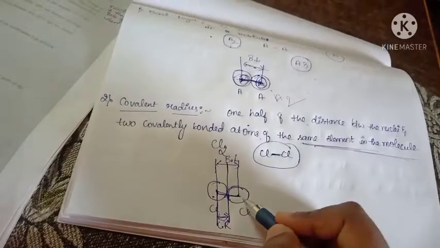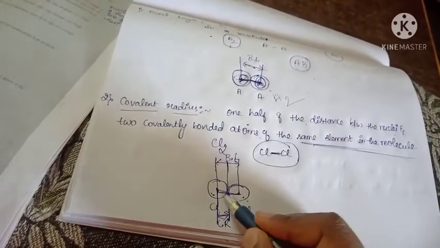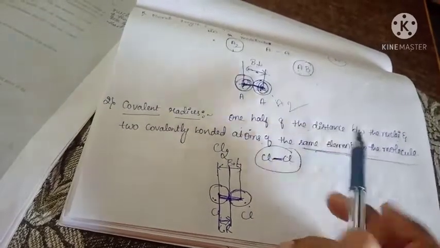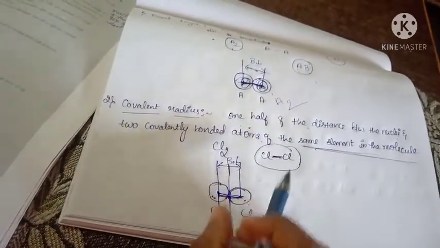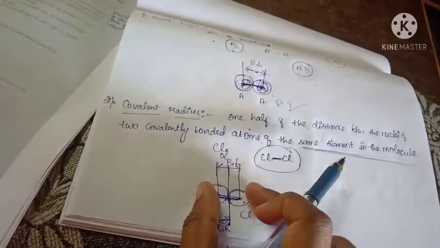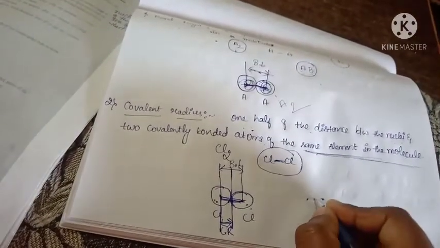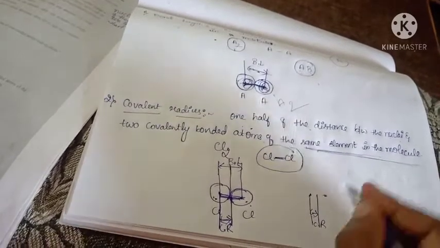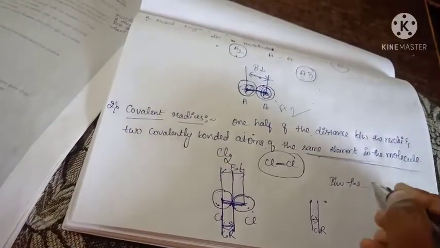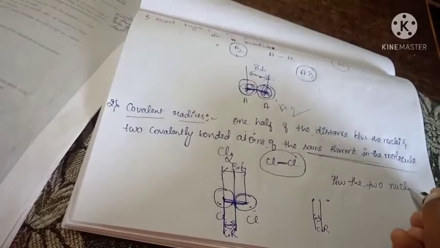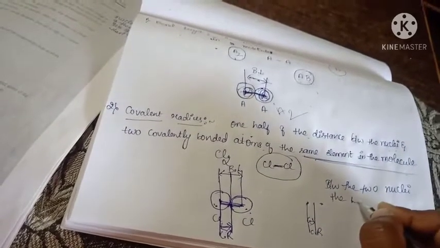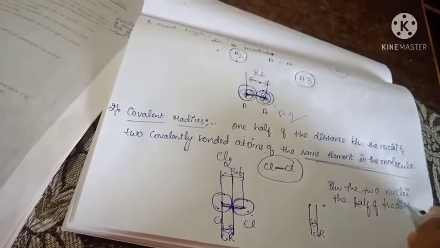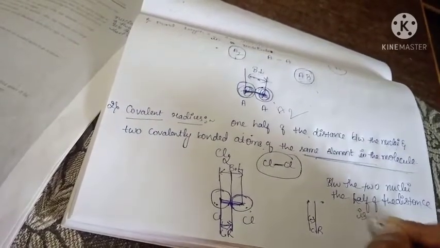Here the two elements are the same element bonded with a covalent bond, and one half of the distance between the two nuclei is called the covalent radius.